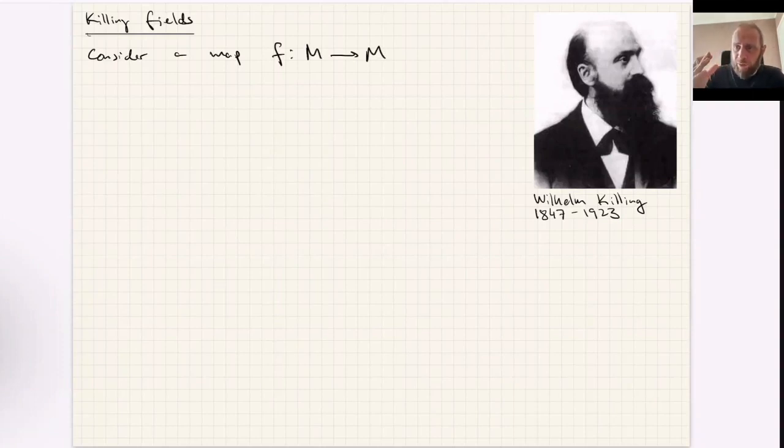And we want to think about, what does it mean for this to be a symmetry? Well, we discussed this, as I said, for 4 lectures already. It means that something does not change.